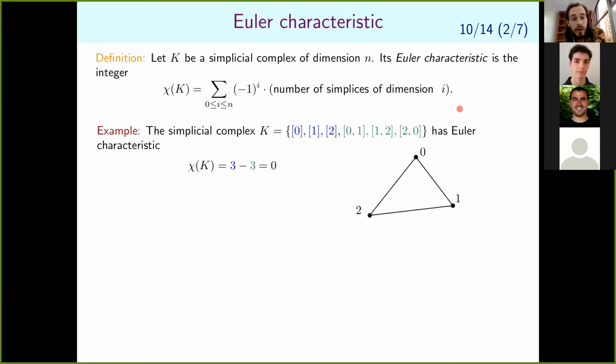For instance, if I take my triangulation of the circle, K, I have 3 simplices of dimension 0 and 3 simplices of dimension 1. So its Euler characteristic is (-1)^0 times 3 plus (-1)^1 times 3. This is 3 minus 3. This is 0. The Euler characteristic of this simplicial complex is 0.